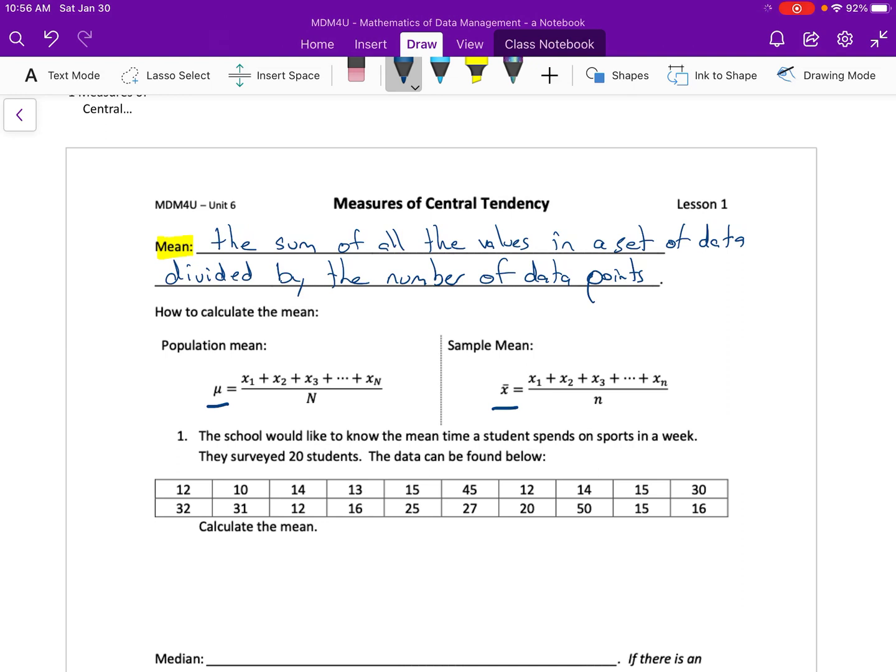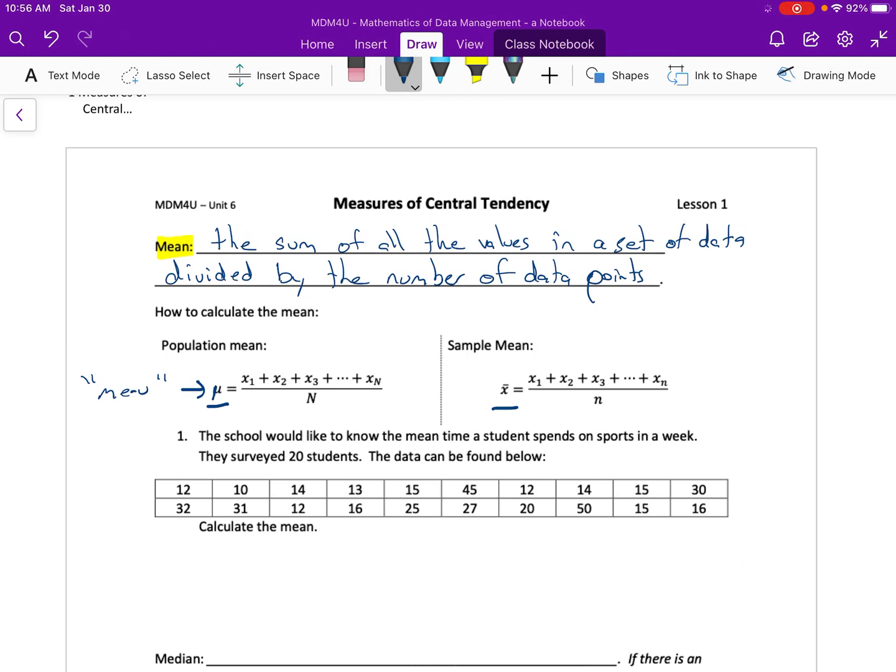And so in stats, you often are taking samples, and there's a whole ton of analysis that goes on with this. To distinguish between the two, we have two different symbols to represent them. If it's a population mean, it gets this U with this long stick on the front, which is called mu.